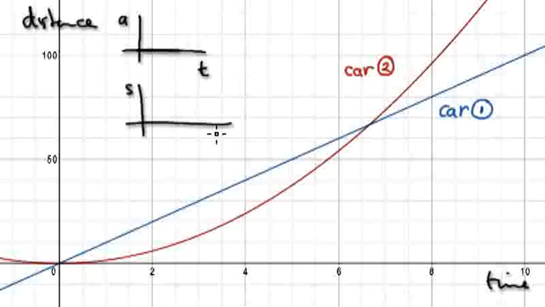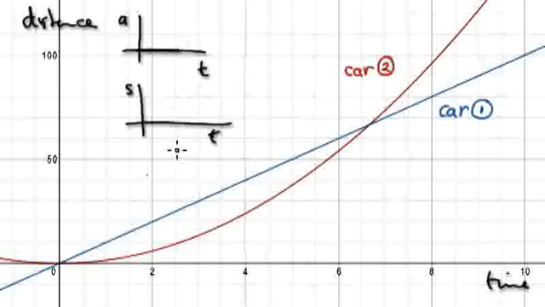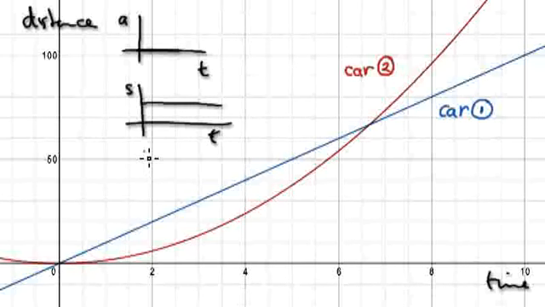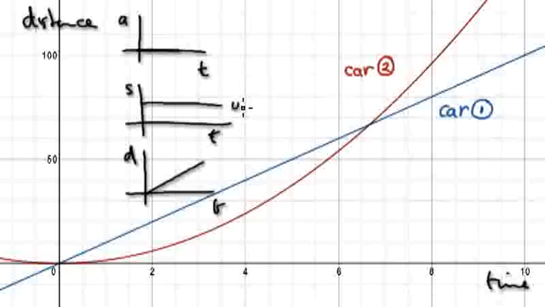Then the speed time graph for car 1 would be a horizontal line, and the distance time graph for car 1 would be a diagonal line like this.